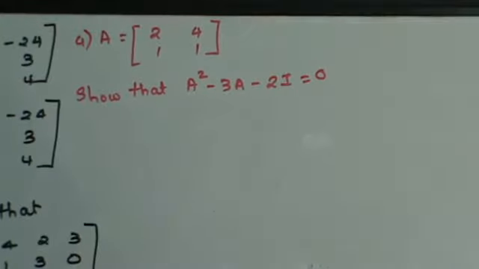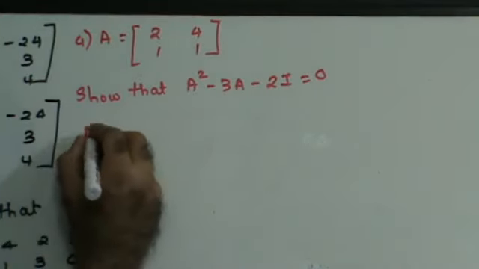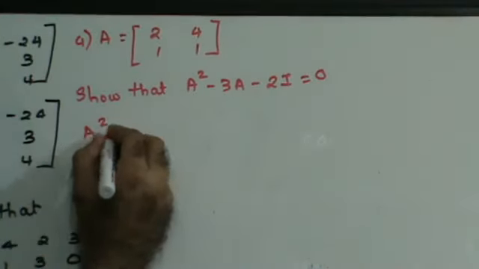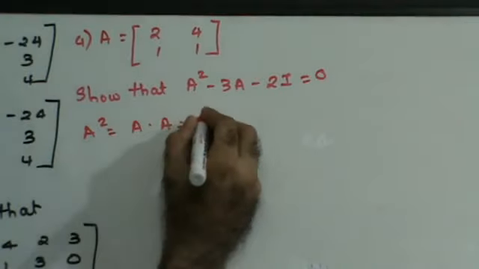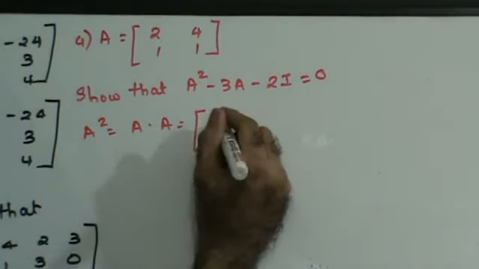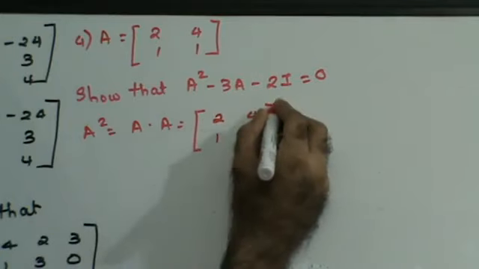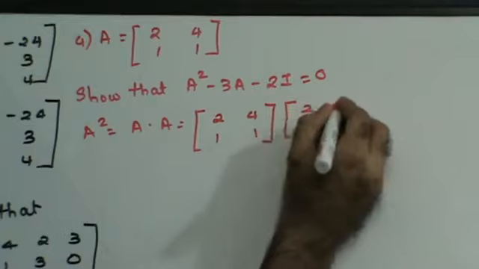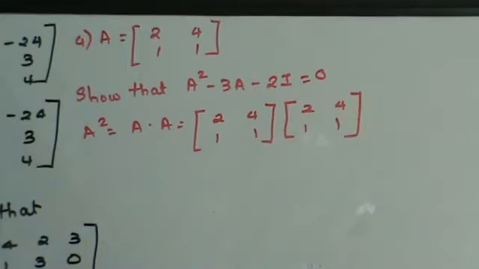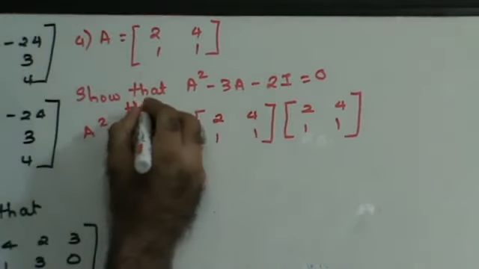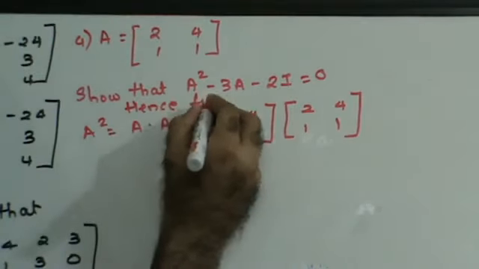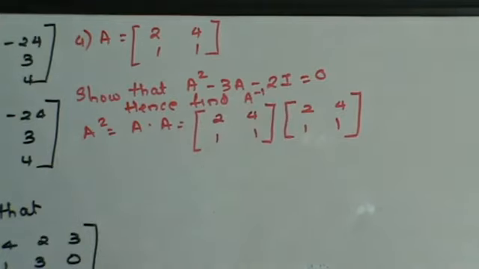Now, first of all, A square is nothing but A into A. A square is 2 4, 1 1 and 2 4, 1 1. There's one more thing to that question. You have to prove that it is equal to 0 and hence find A inverse. So first I'm finding out A square.